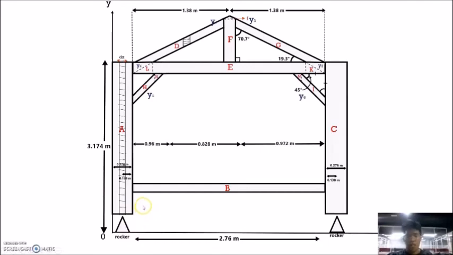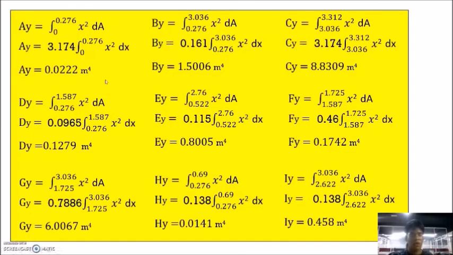Now, as we have inputted into the formula of the integral, we get the answer 0.0222 m to the power of 4 as the moment of inertia of block A.